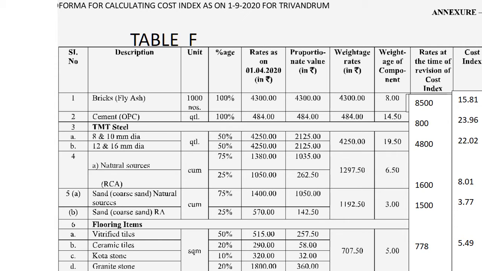Now, the revised price as on 1/9/2020 for Trivandrum is 800 for 100 kg. So 14.5 divided by 484 into 800 is equal to 23.96. Like that, all these weightages have been computed.